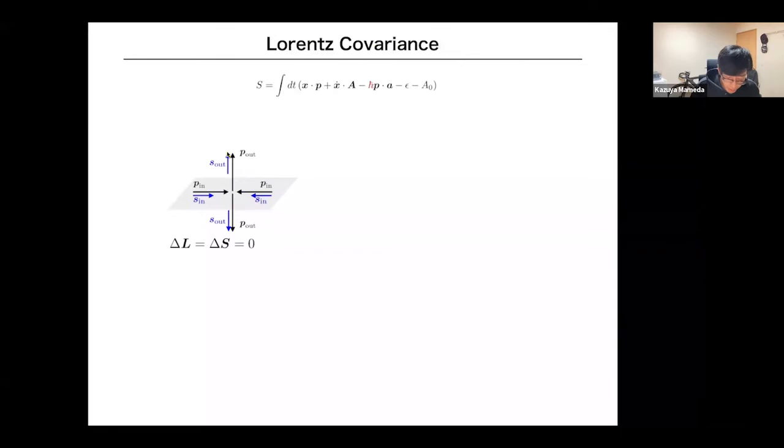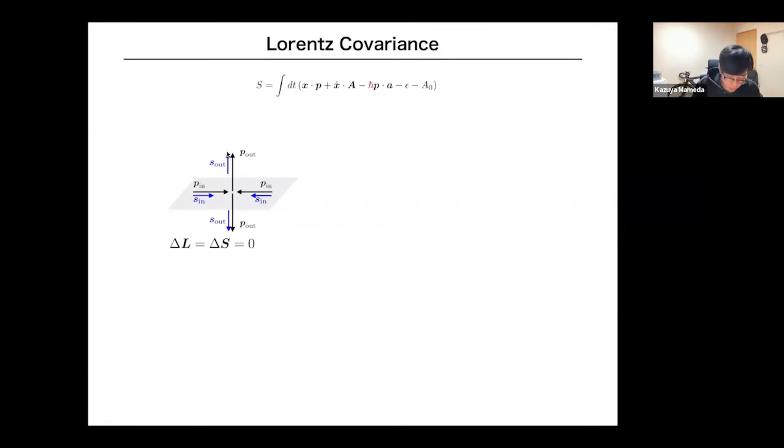Similarly, for the chiral fermion, which has the spin aligned with the particle momentum, taking the sum of these two vectors, we find that the total spin is 0. Even after the collision, the net spin angular momentum is 0.